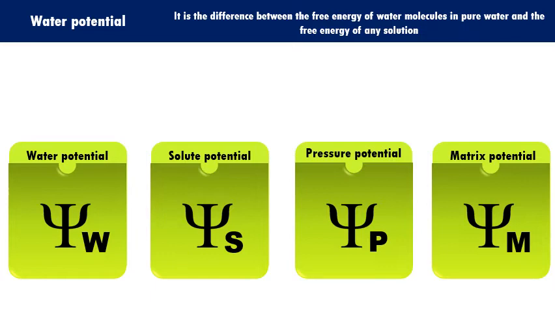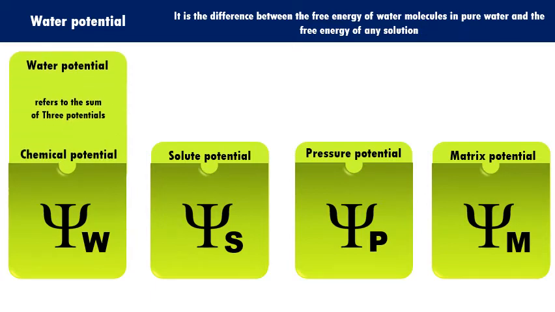Water potential is mathematically expressed as the sum of three potentials, and water potential is also called chemical potential. It is denoted with the Greek symbol psi, and psi w refers to the water potential.